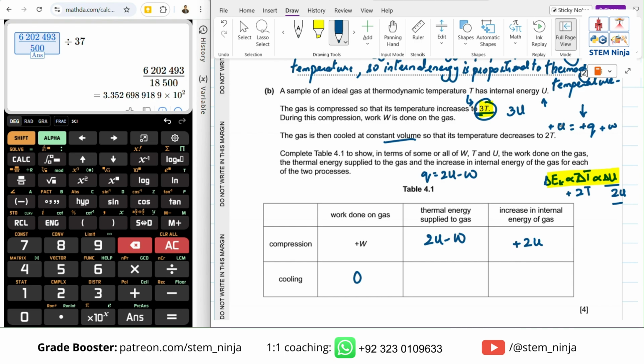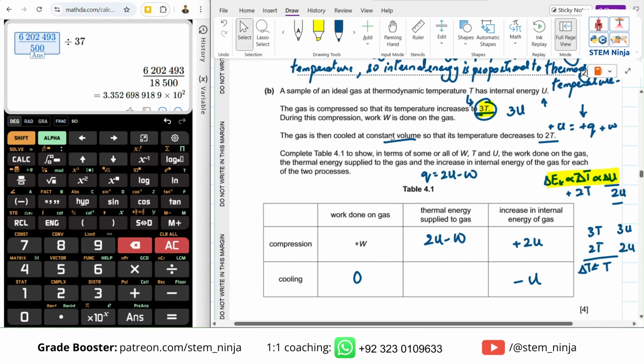Okay, now we are decreasing the temperature to 2T. That means we are going from 3T to 2T. So change in T is actually just simple T. That means from 3U, we are coming back to 2U. So the change in internal energy would be just simply minus U. Now we need to figure out the thermal energy change.